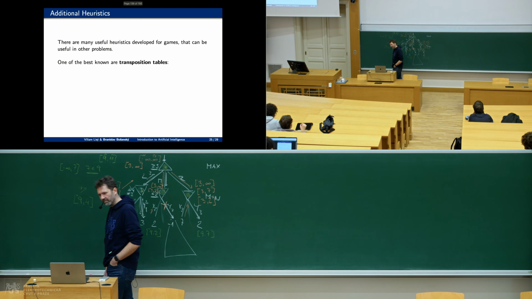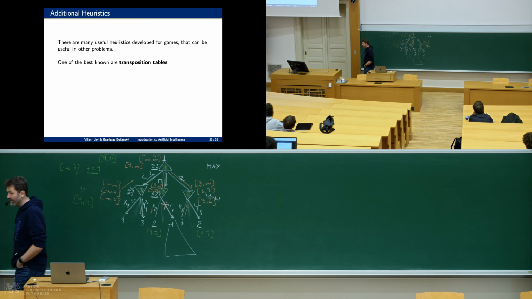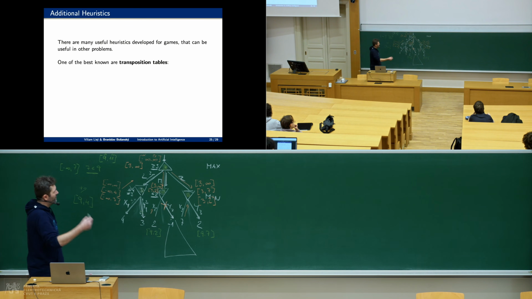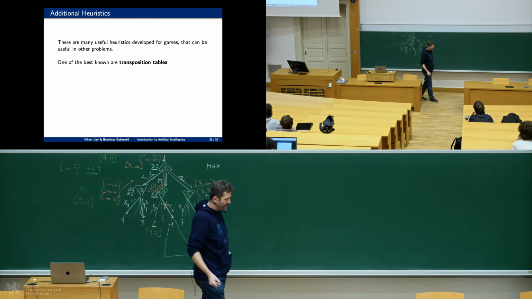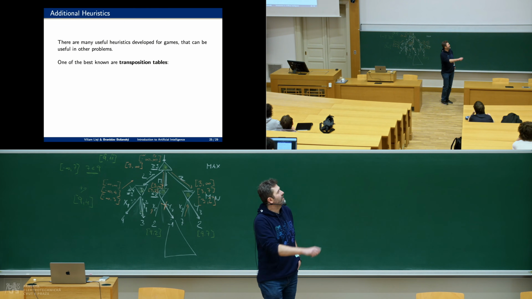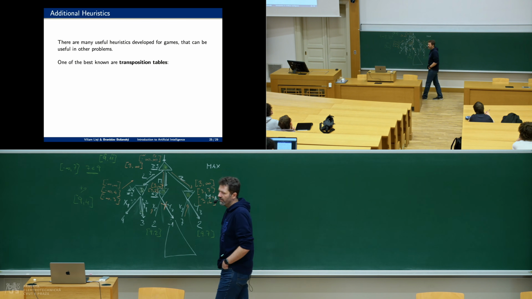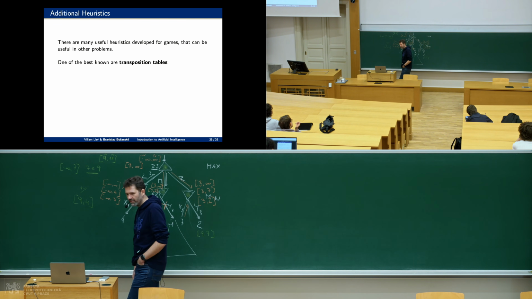Another good heuristic is basically using a cache. You can reach the same position using multiple different move orderings, so you can cache the values that you have already computed, and in games this is called transposition tables.